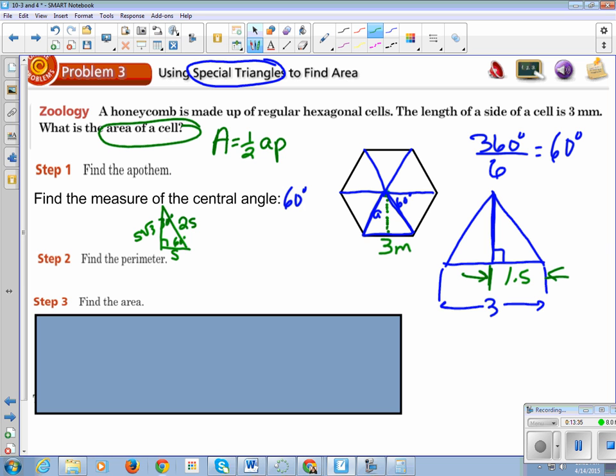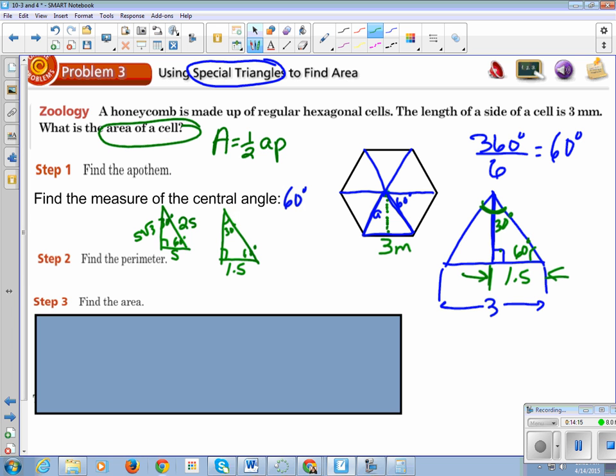If this whole angle is 60, what is half? 30. So now my little triangle over here, just looking at half of it, is 1.5 for our short side. You guys agree? If this is 90, this is 30, this little bottom angle here has to be 60. So I have a 30, 60, 90 triangle.